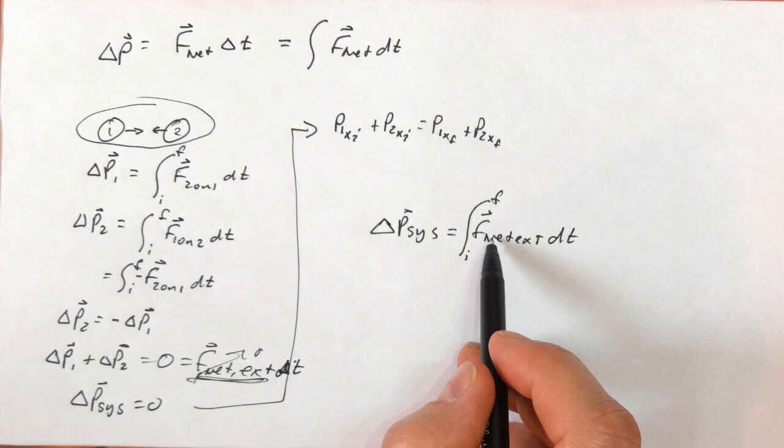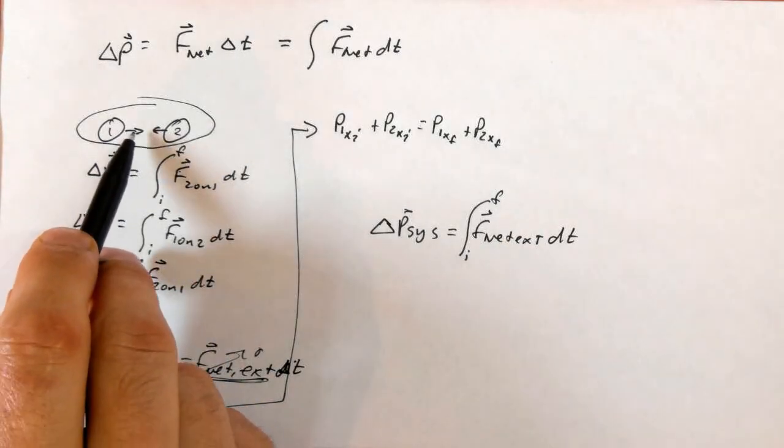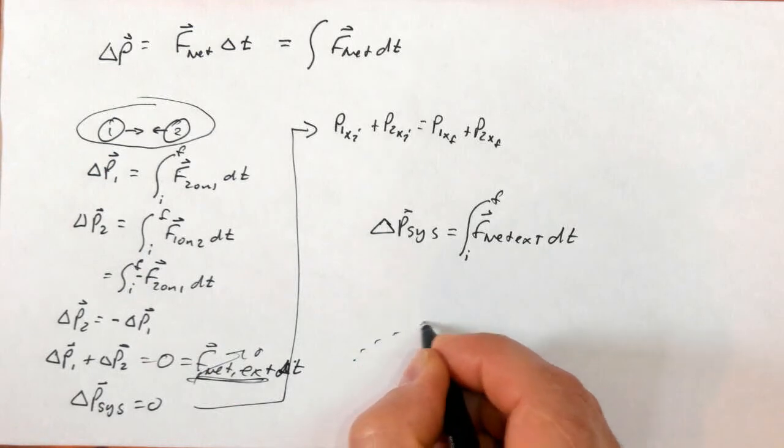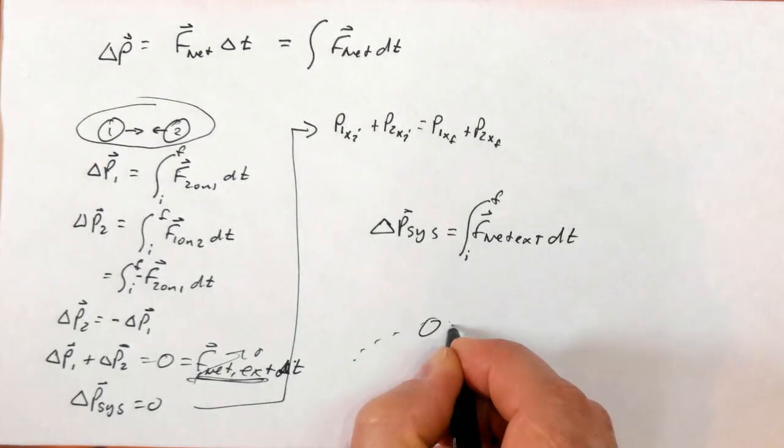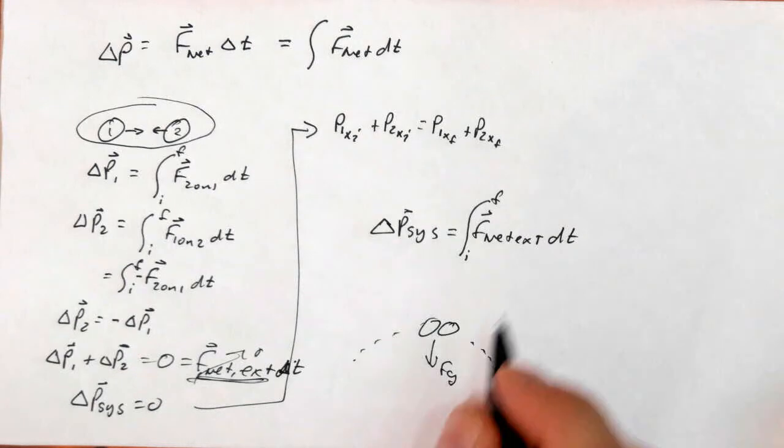What if these two balls are thrown in the air and they hit each other while they're in the air? I've thrown this one up, and I've thrown this one up, and they hit in the air. Well, there's a force of gravity that's not zero. It's not small, and it's acting on those.